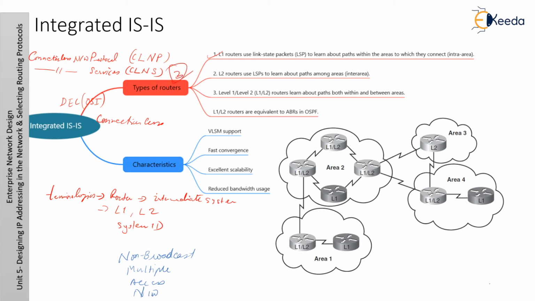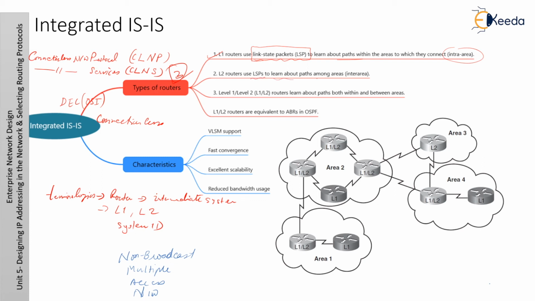First is L1. L1 routers use the link state protocol to learn about paths within the area to which they connect, and this is known as intra-area. Within the area means inside that area, and this is known as L1. Now come to L2. L2 routers use LSP, that is link state protocol, to learn about paths among areas.